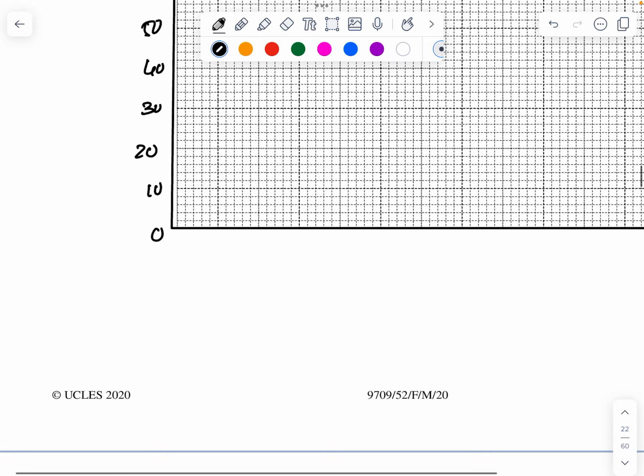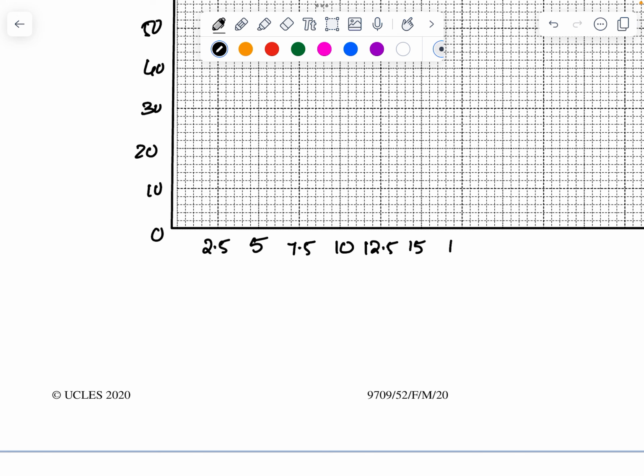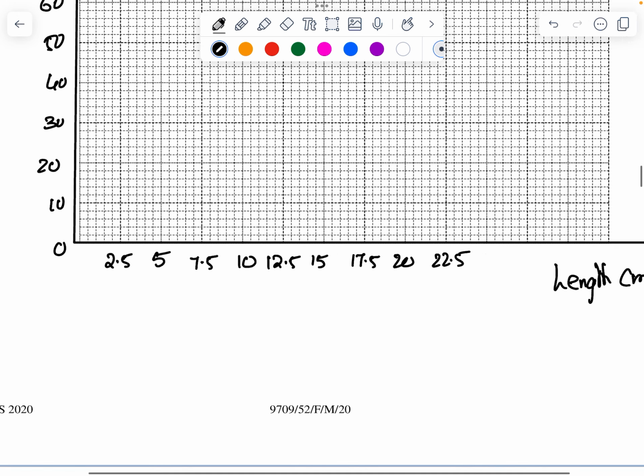Whereas for this, what am I going to take? 0, 2.5, 5, 7.5, 10, 12.5, 15, 17.5, 20, 22.5, 25, 27.5, 30, 32.5. Everything is covered.